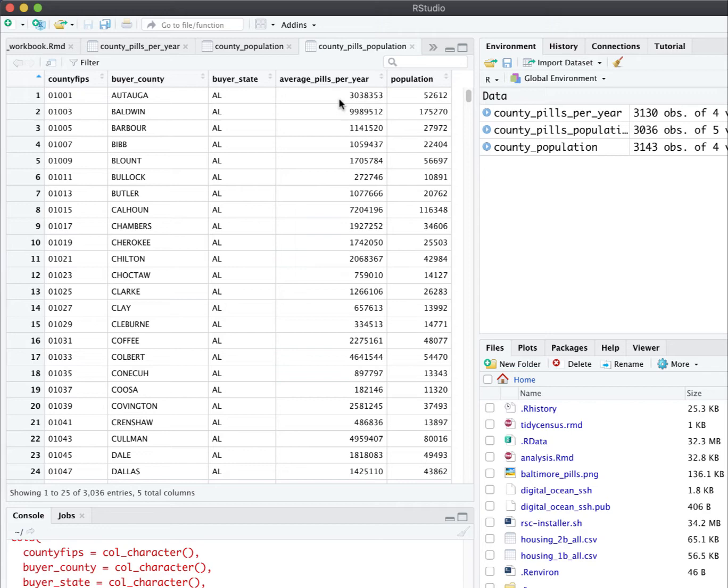So how did the join process know to put this population value with this average pills per year value and stick that with Watauga?